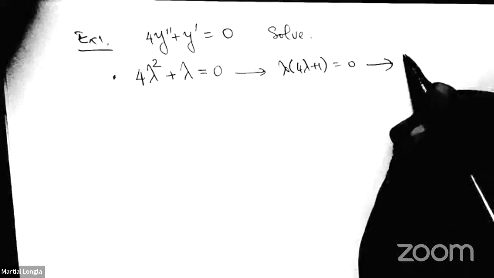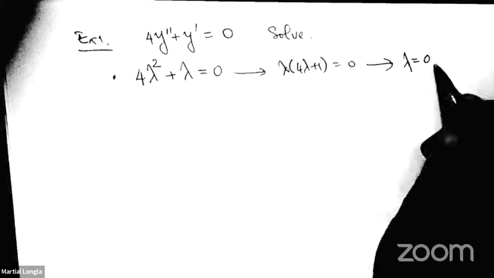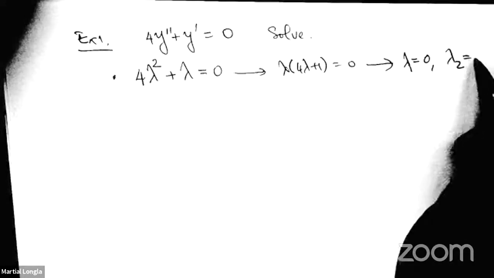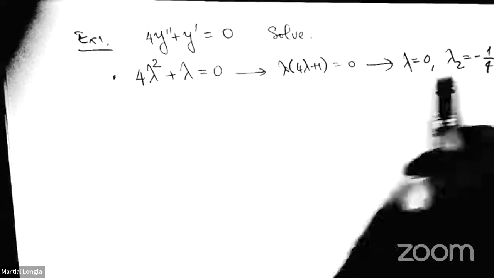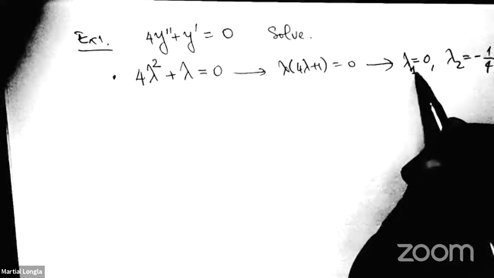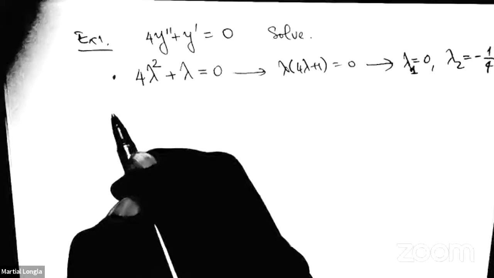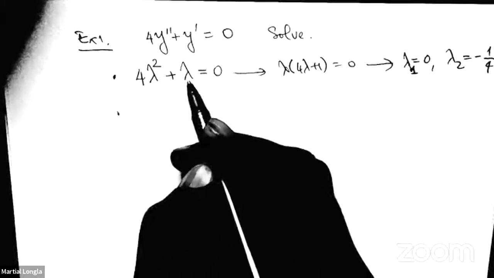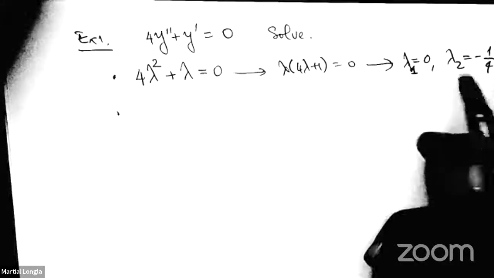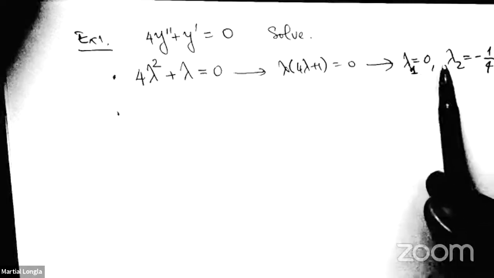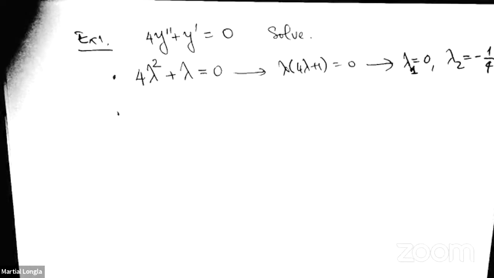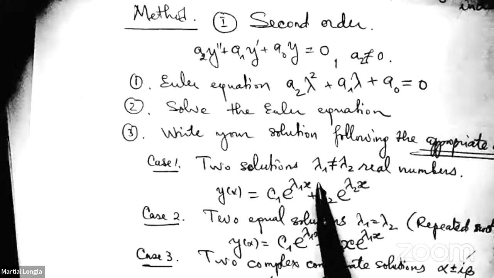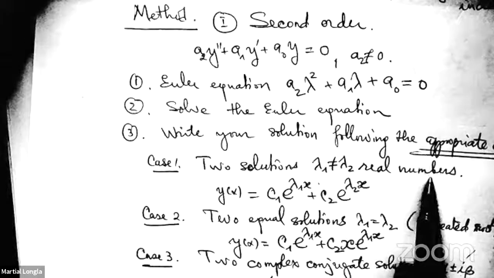So that's lambda times 4 lambda plus 1 equals 0. So lambda 1 is 0. Lambda 2 is negative 1/4. It doesn't matter which of them you call lambda 1 and which you call lambda 2. So that's it. Wrote the equation, solved it, got the answers. The two answers are different and real. So that is case 1, different roots, real numbers.